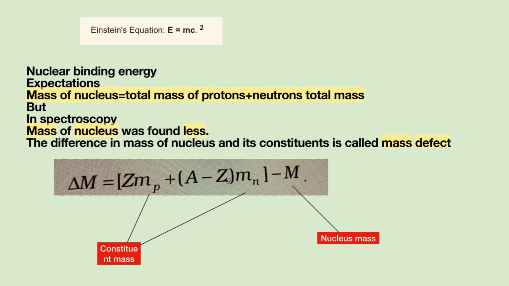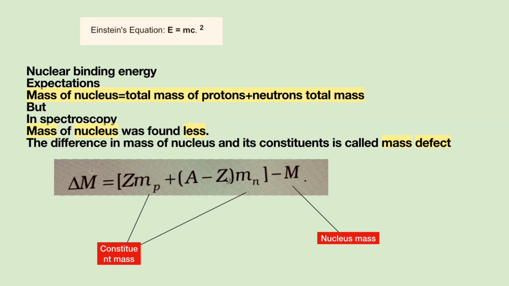And now coming towards Einstein's equation, E is equal to mc square, and nuclear binding energy. What is our expectation when we consider the mass of a nucleus? The mass of the nucleus will be equal to the total mass of protons plus the total mass of neutrons. But what happens practically is that in spectroscopy, the mass of the nucleus was always found to be less.